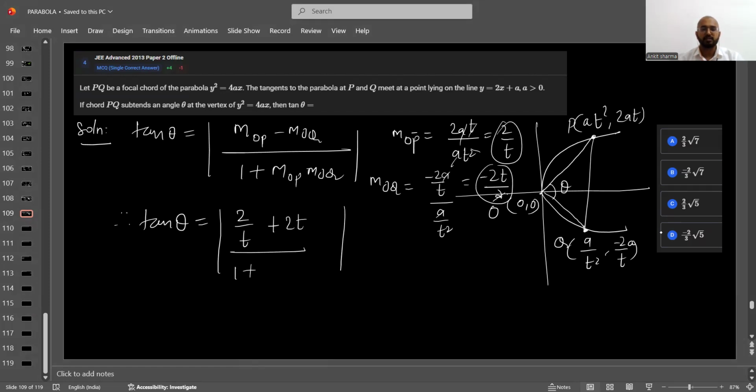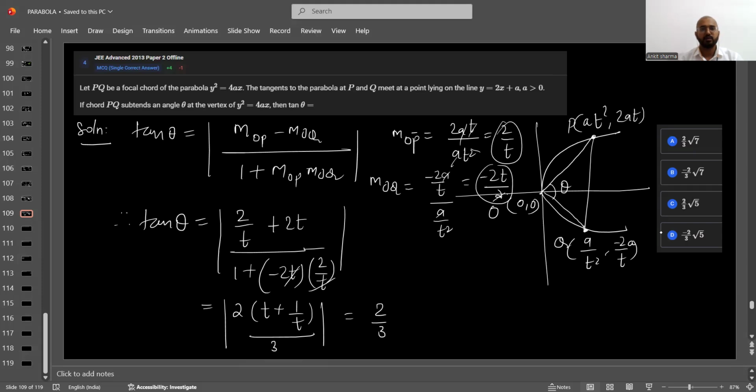Over 1 plus m_OQ, which is −2t, into 2/t. In the numerator, we can take 2 common and get 2(t + 1/t). In the denominator, the t gets cancelled and I get 1 − 4, which is −3. So 2 over 3 would be the answer completely.